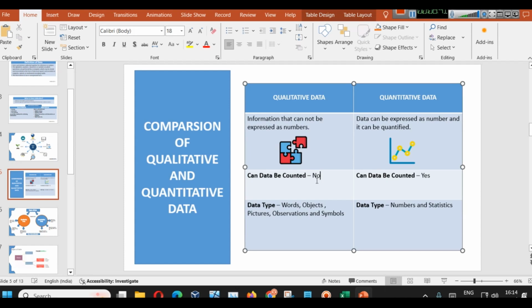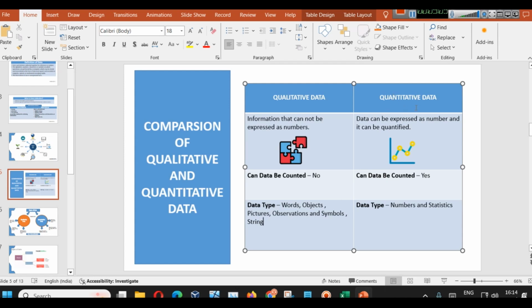Yes, we can count how many different types of values are there, but you cannot do numerical counting for it, right? Data types can be words, objects, pictures, observations, symbols, string values, right? Those can be the data types.